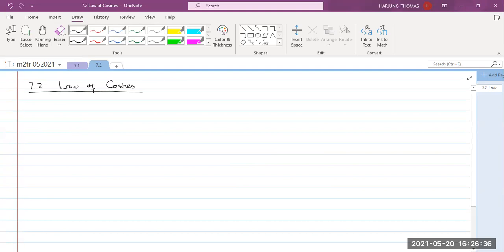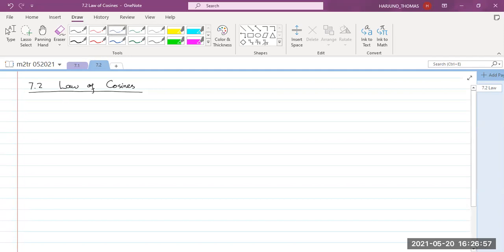Our textbook tried to prove it in a different way. I'm not saying the proof is wrong. I'm just saying that I prefer the other 2 proofs.